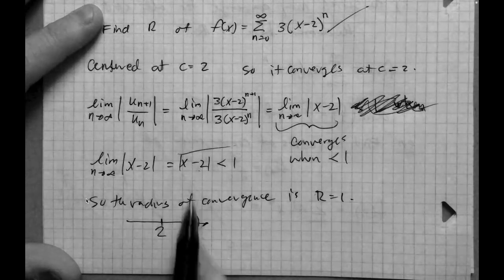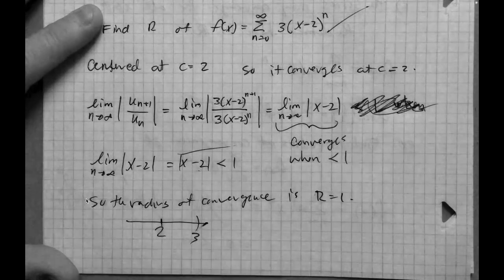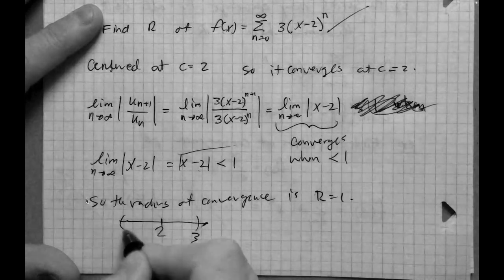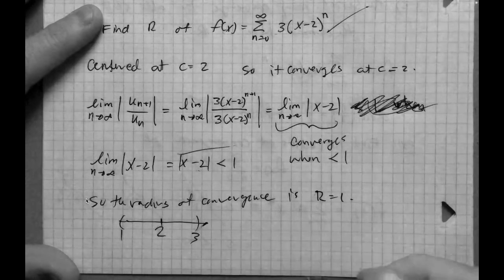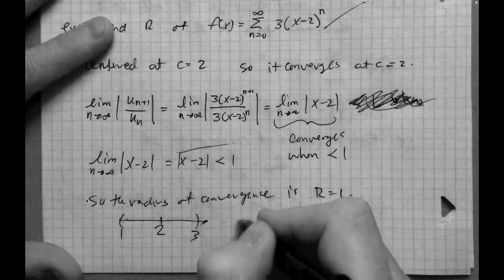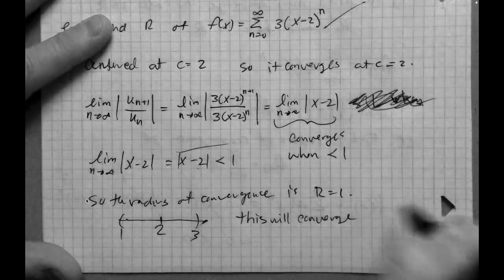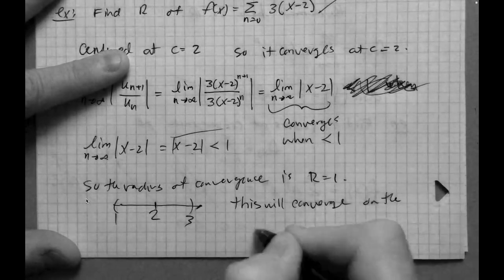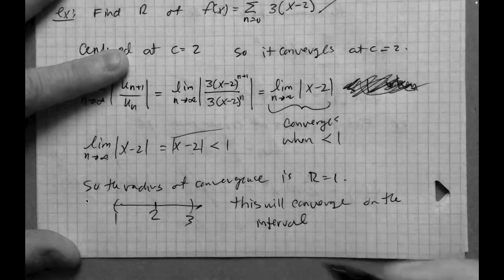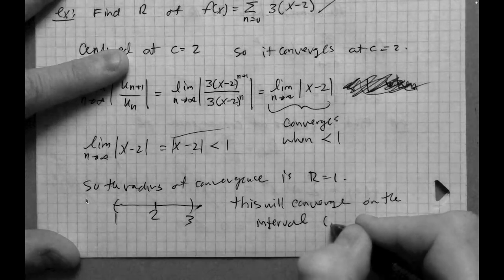The difference has to be within 1, so up top I've got 3, and at the bottom I've got 1. So this will converge on the interval 1 to 3.